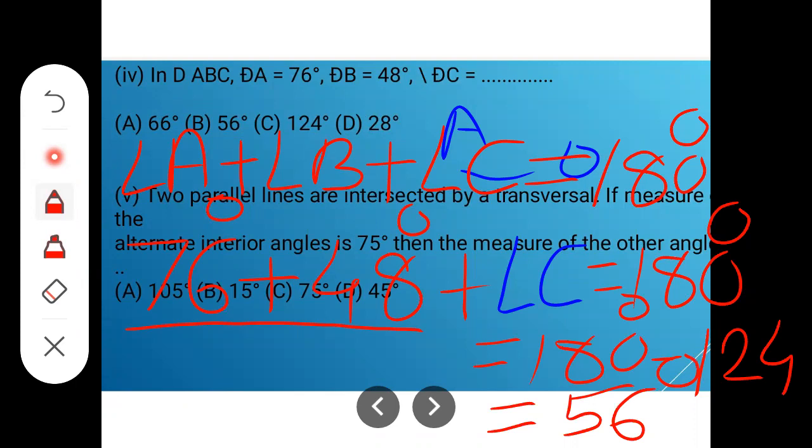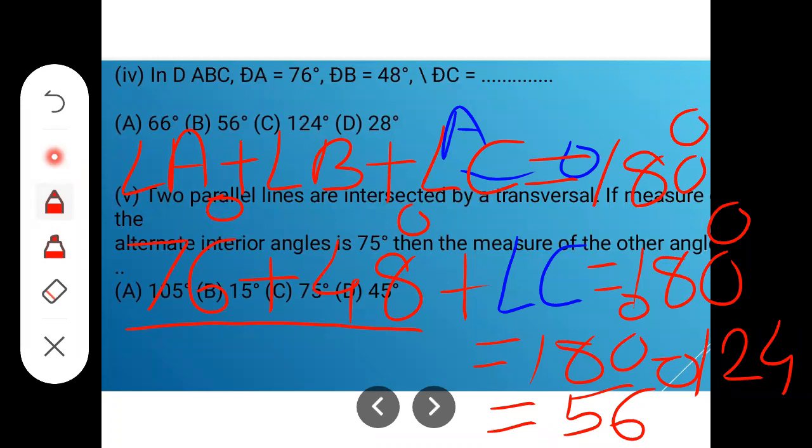Right? So in this way you have to calculate, as an MCQ question is given like that. No need to write the solution every time. Just do this rough work, choose only the correct option and write it as the answer. This all will be rough work regarding MCQ questions.